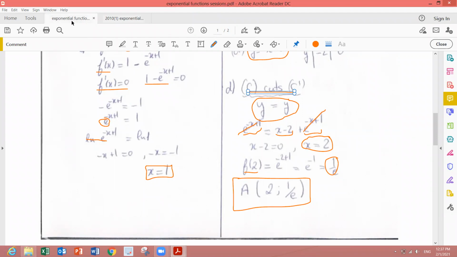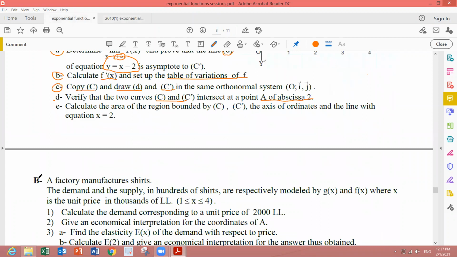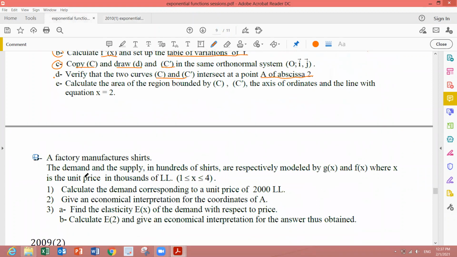Now part B. A factory manufactures shirts.